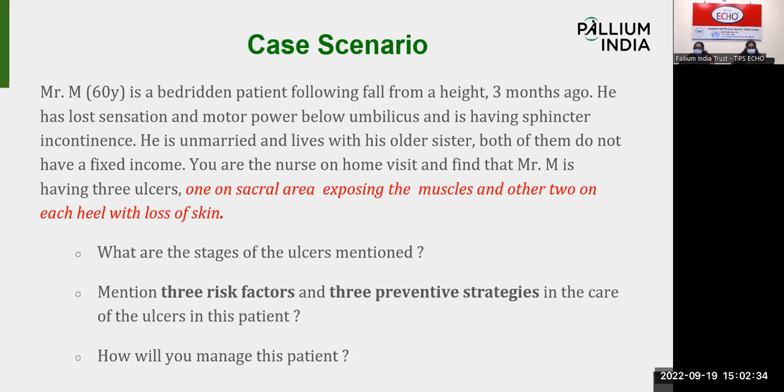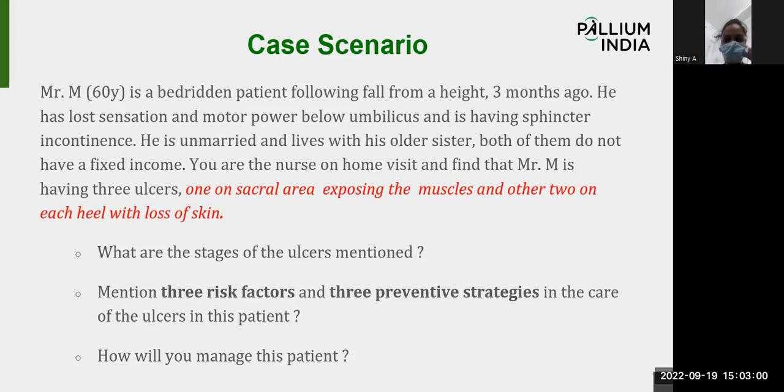Case scenario. Mr. M, 60 years, is a bedridden patient following a fall from a height 3 months ago. He has lost sensation and motor power below the umbilicus and is having incontinence. He is unmarried and lives with his older sister. Both of them do not have a fixed income.